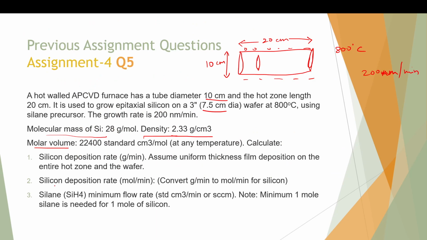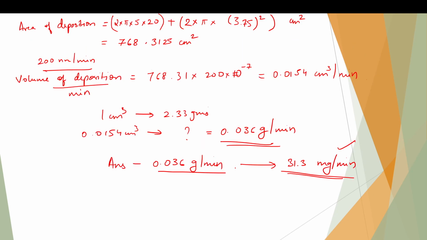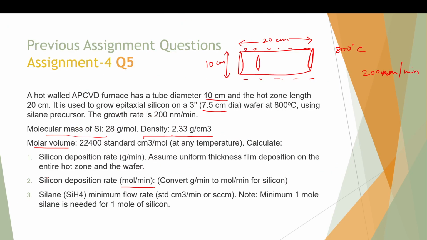Next is silicon deposition rate in mole per minute. So that's simple. So many grams in a minute, so that means how many moles in a minute. We know that the silicon molecular mass is given to be 28 grams.